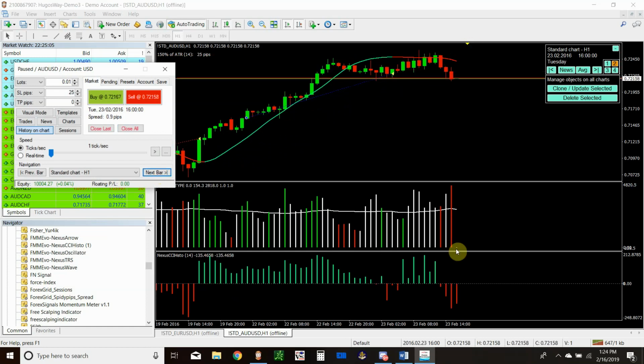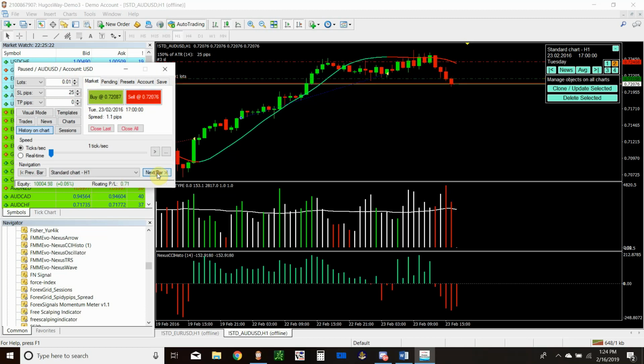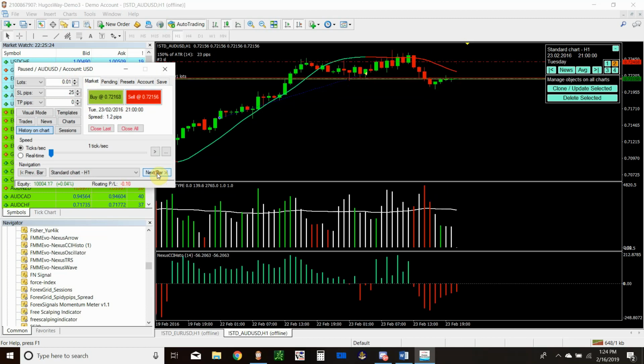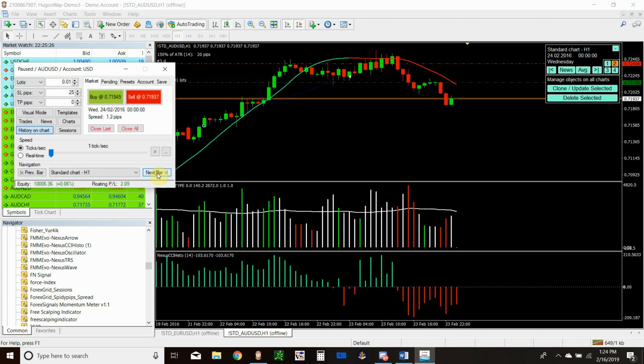Okay, so we got red here, we got red here, and we got red here. So we're going to enter a short trade. It looks like our stop loss is going to be 25 pips again. So enter short, and we will close out when the HMA changes. Or we get stopped out, one of the two.